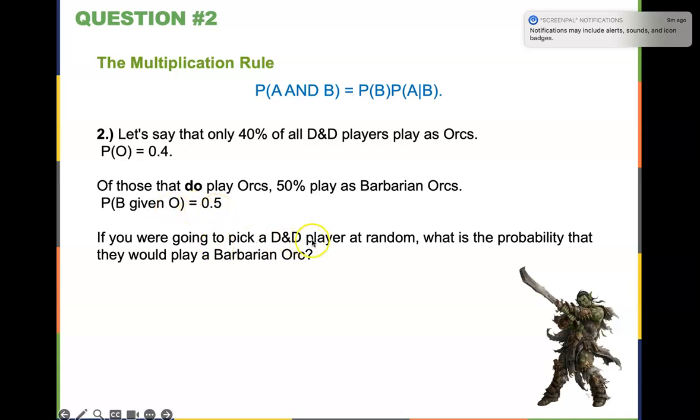If you were going to pick a D&D player at random, what is the probability that they would play a barbarian orc? A barbarian orc means that this player is both barbarian and orc. This is a B and O, so we're looking at the multiplication rule. We would write the probability of B and O is the probability of orc times the probability of barbarian given orc. So 0.4 times 0.5 is 0.2.